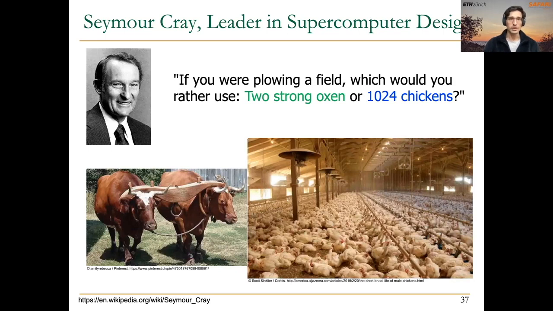If you have some workload that is inherently sequential or only modestly parallel, you will probably choose the 2 strong oxen. However, if your parallelism is data level parallelism and it can be massively parallel execution, you probably prefer the 1,024 chickens.